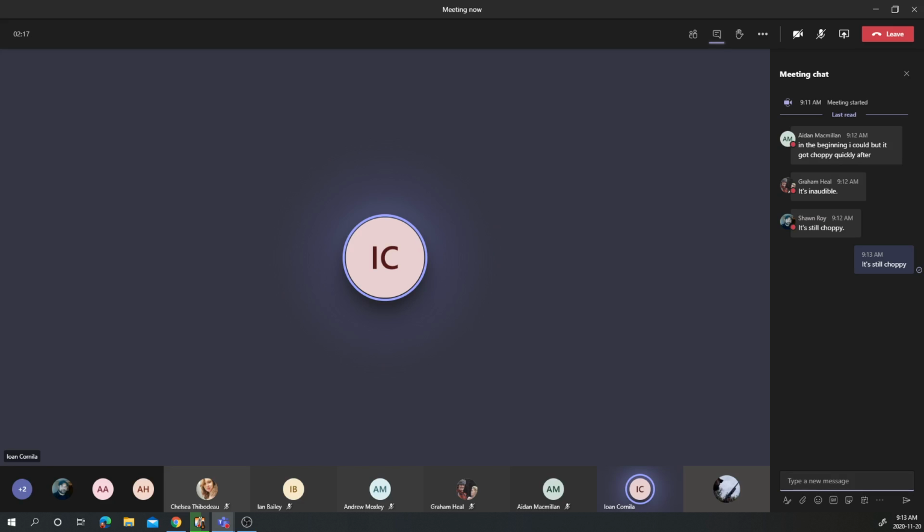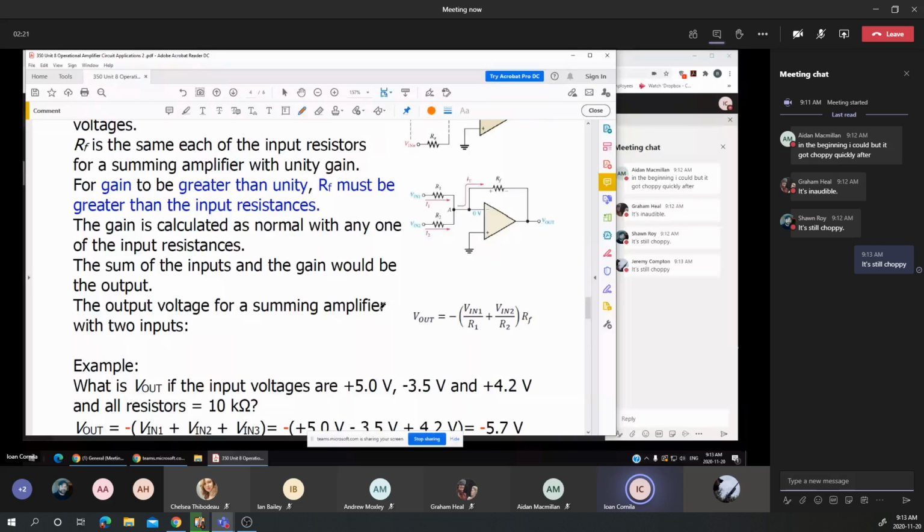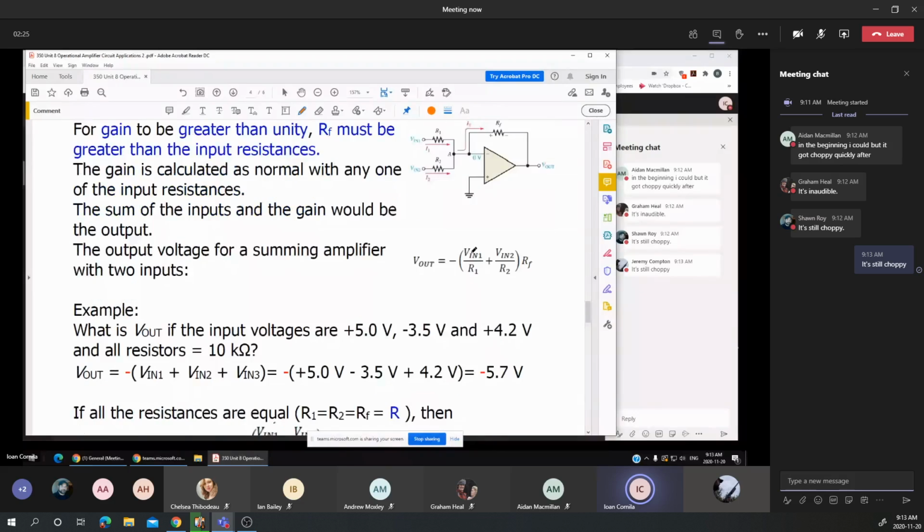We took up the summing amplifier, which amplifies the sum of the two voltages. The input voltage V1 over the resistance R1 plus V2 over the resistance R2 times RF.